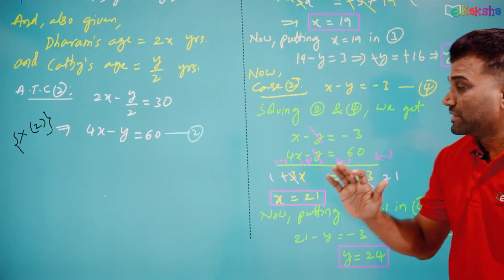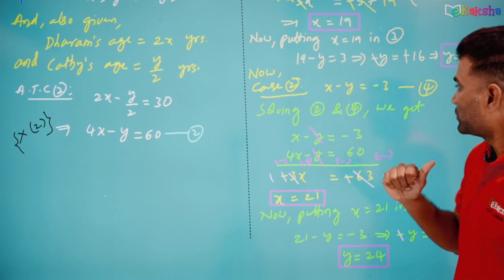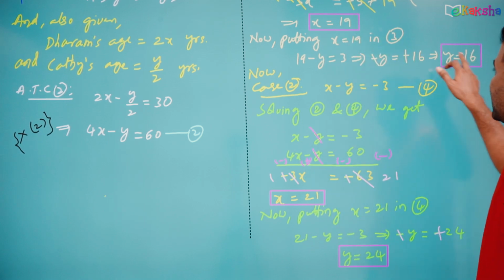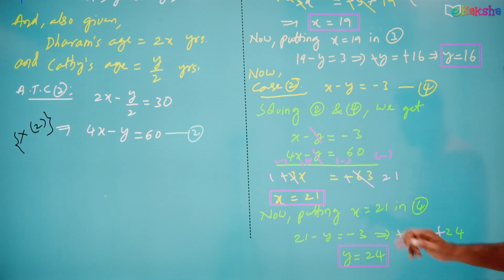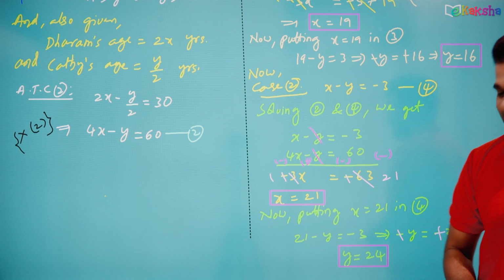So therefore the ages of Ani and Biju are 19 years and 16 years, or 21 years and 24 years respectively, right?